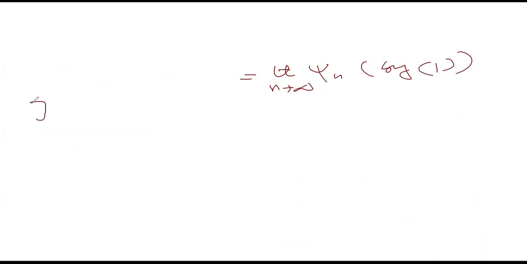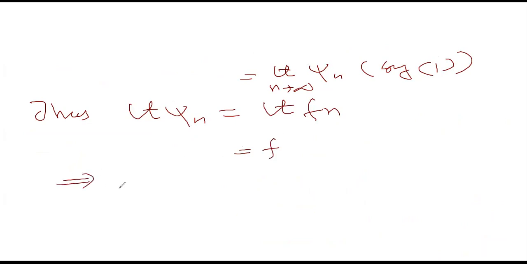So thus the limit of psi n is same as the limit of fn. So both the limits are actually same. But the limit of fn is equal to f. So this implies psi n increases to f.